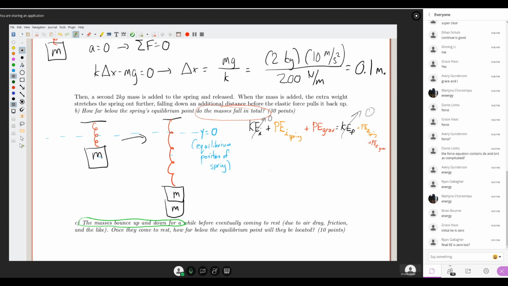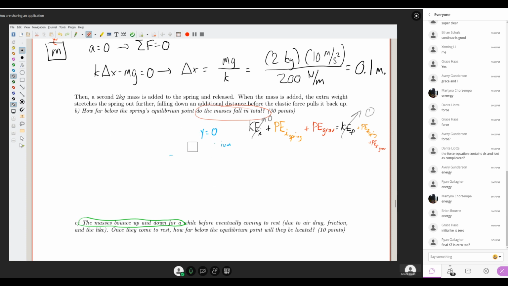I'm going to need some more room to solve this algebra, just because a tablet is harder to write small on. So I'm going to erase my picture, but keep that equation. Actually, I will draw my picture again because this is important. So I'm going from here down to here. Here is my ceiling.